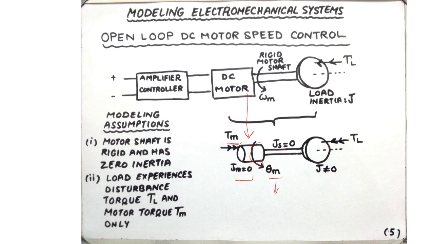The corresponding angular velocity would be omega m, that is just theta m dot. And the rotor is rigidly connected to the load with the help of a massless shaft, and the shaft is rigid.